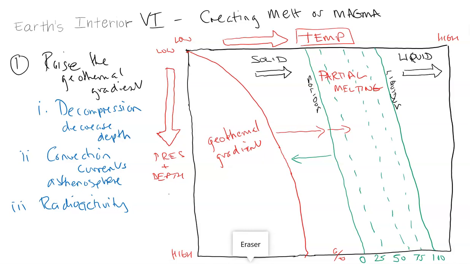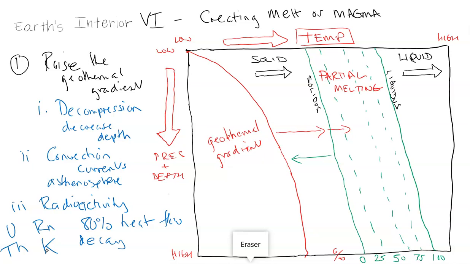So about 80% of the Earth's internal heat or heat flow comes from the decay of unstable isotopes in various elements inside the Earth, such as uranium, thorium, radon, and potassium.